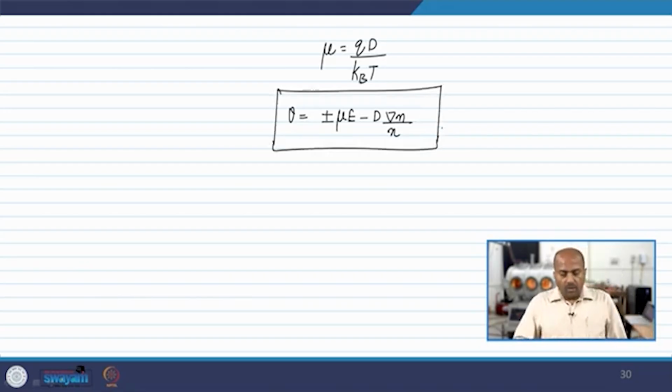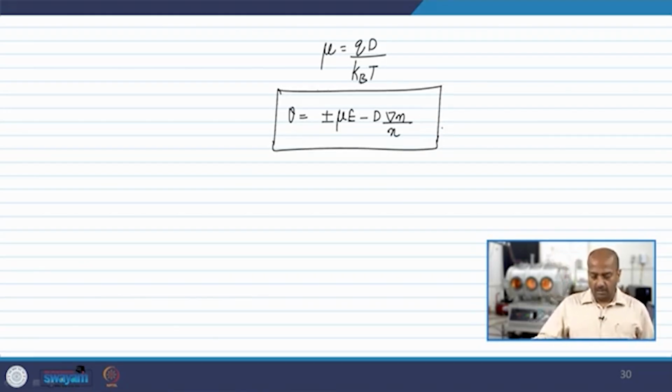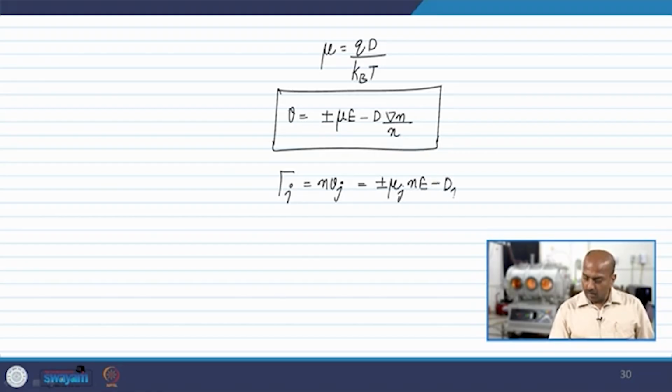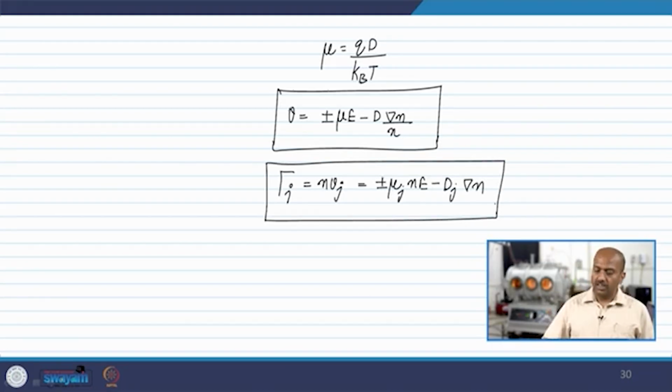Okay. So, now when you consider a particular species, the flux with which the species is diffusing, we write it as Γj = nVj, which is now going to be written as ±μj nE − the diffusion coefficient of the jth species multiplied by ∇n. This is the flux of the jth species.